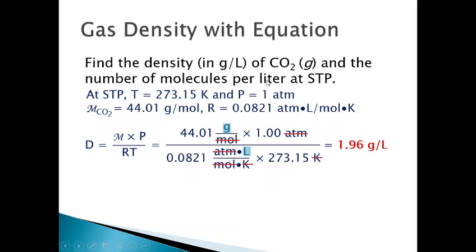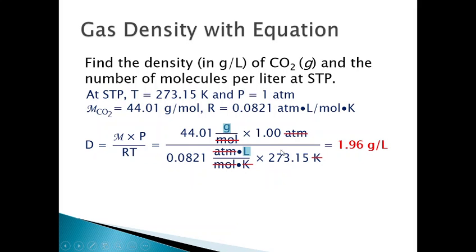But the other half of this question asks us to solve for the number of molecules per liter. Here, half of the work is already done for you because our answer is already per liter, and I'm asking for it to be per liter. So the divided by liters part is already taken care of. But if I want to know something about the number of molecules, we have to go back to chapter 3 or 4 and remember how to go from grams of a substance to the number of molecules of a substance.